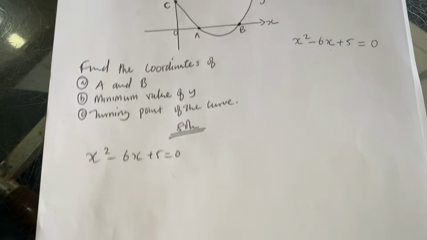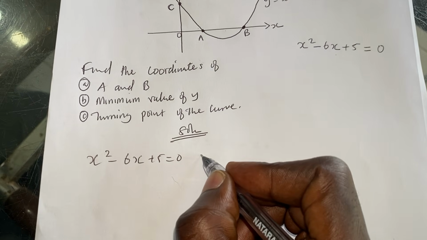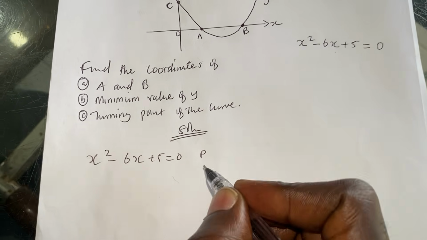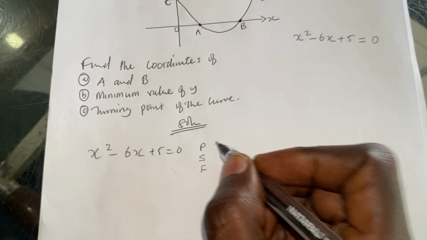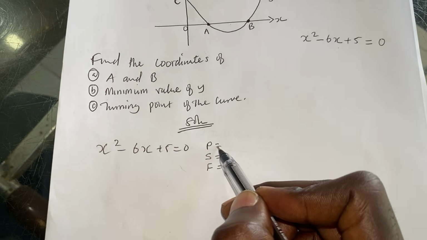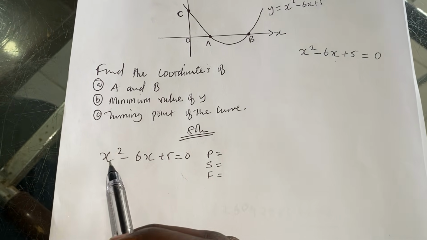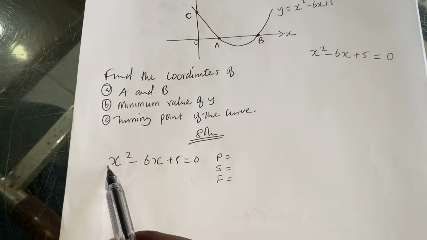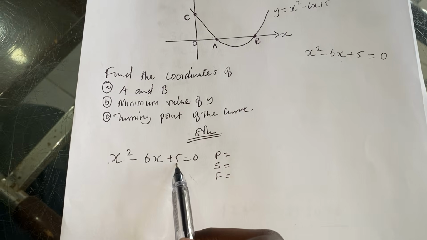When factorizing a quadratic equation, we're supposed to know our product, and we're also supposed to know our sum and factors. So what do we mean by product? Product is found by multiplying the coefficient of x squared and 5, the last term, which is the constant.